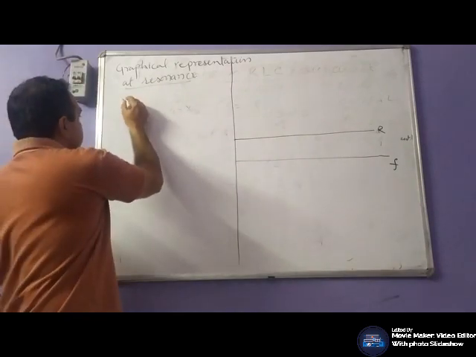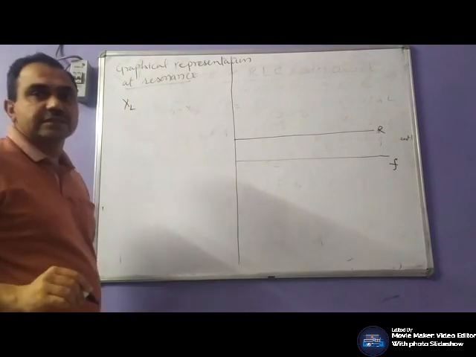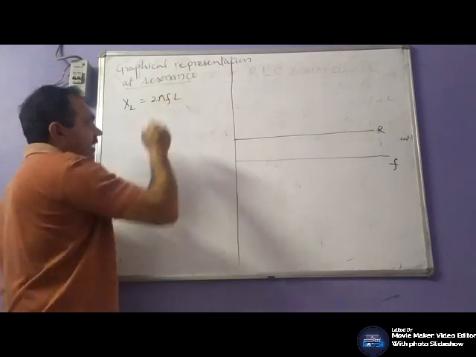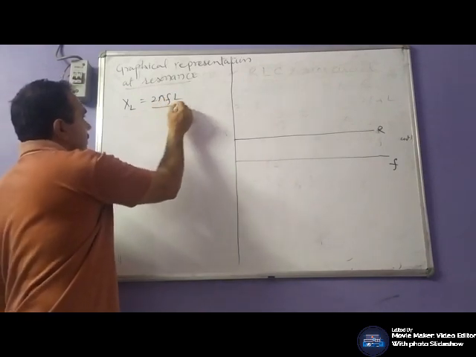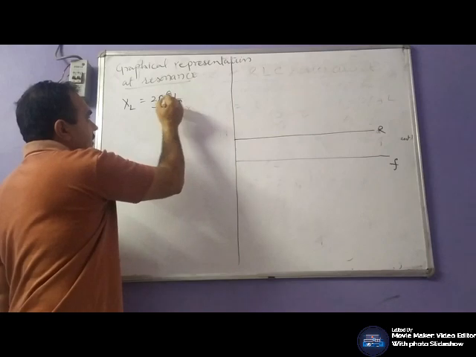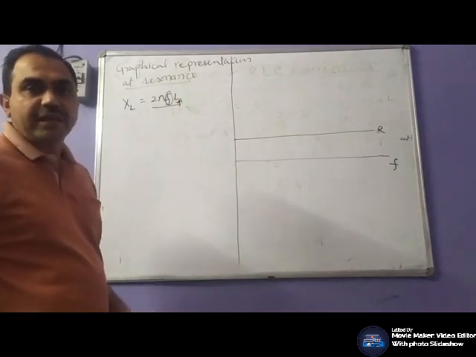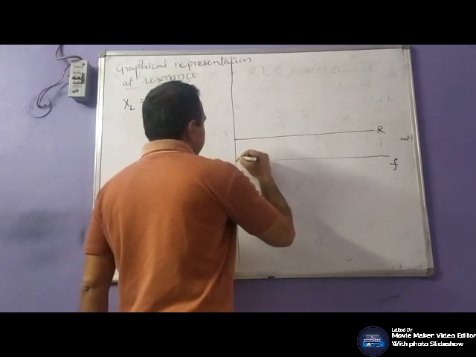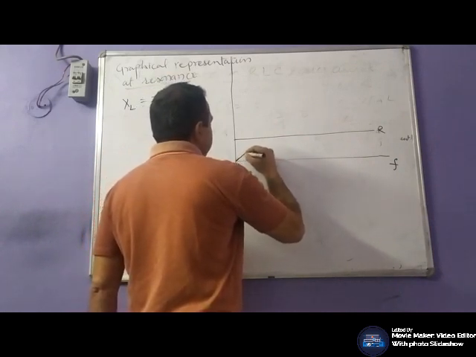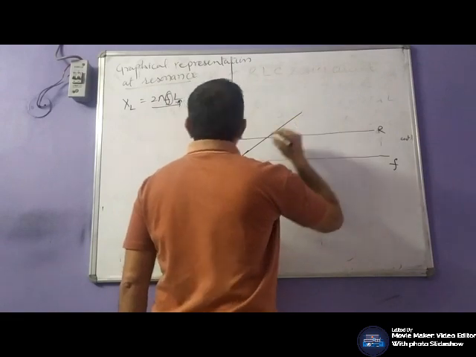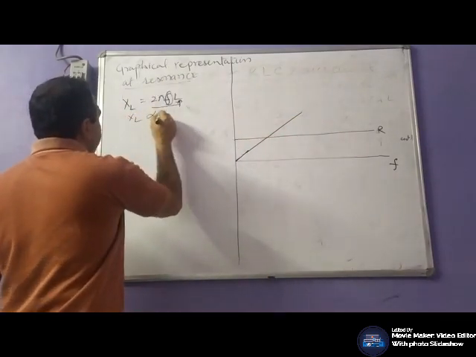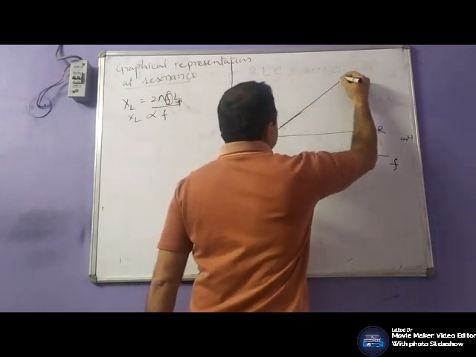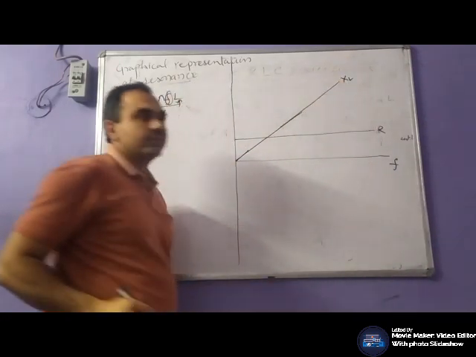Your XL, inductive reactance, is given by 2 pi f L. L is fixed, f is variable, so XL is directly proportional to f. Let this be the plotting of your XL.